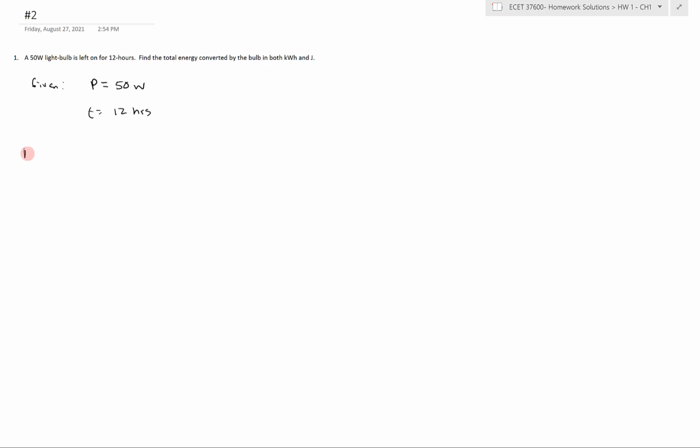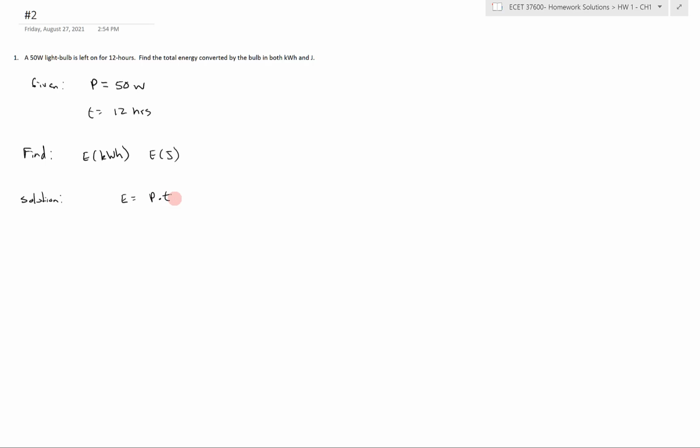But moving on, we want to find the total amount of energy both in kWh and the energy in joules. The solution. The key to this problem is knowing the relationship between power, time, and energy. It is a linear relationship where energy is power times time.